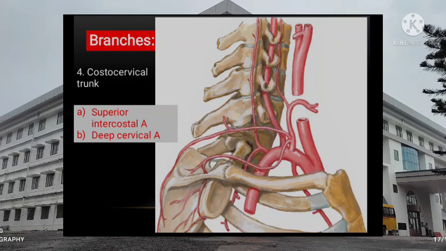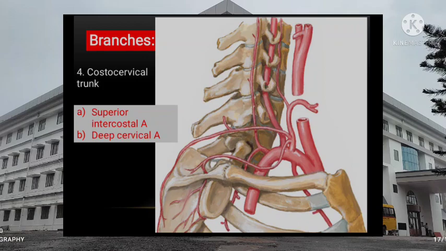The superior intercostal artery descends in front of the neck of the first rib and divides into the first and second posterior intercostal arteries. The deep cervical artery passes backwards above the C8 nerve between the neck of the first rib and the transverse process of the C7 vertebra.